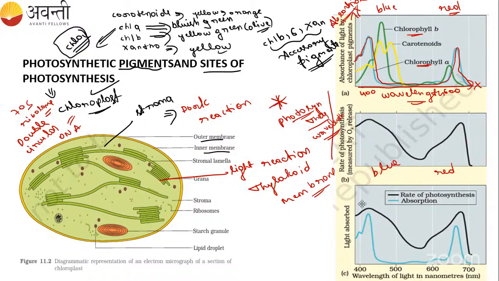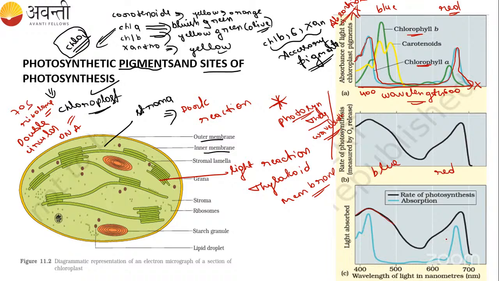Okay. Together you can see the action spectra and absorption spectra here. Here they have given the action spectra and here they have given the absorption spectra. Both are coinciding in the blue and red wavelength.